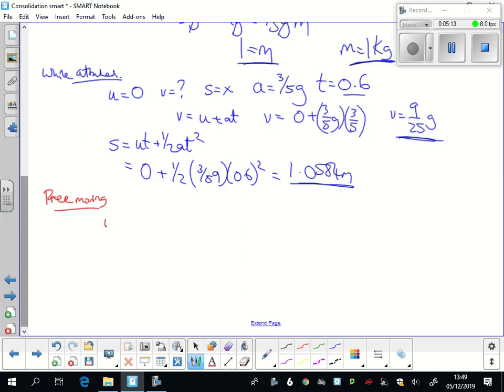At the start of the free moving part, the initial velocity, that's why I did that earlier, is the velocity at the end of the attached part. The final velocity, we want to know when it reaches the top of this motion, so the final velocity we want there is 0. We want to know what s is. We don't know what t is. We do know what the acceleration is now.